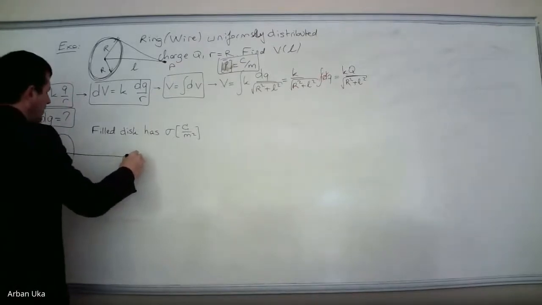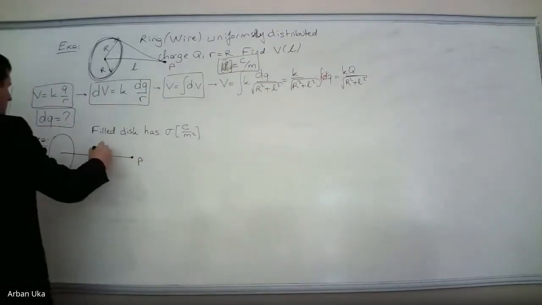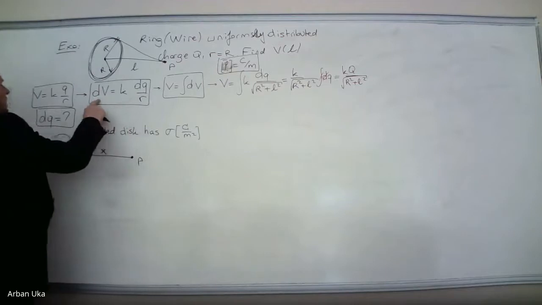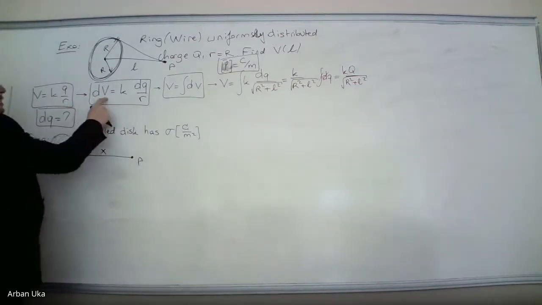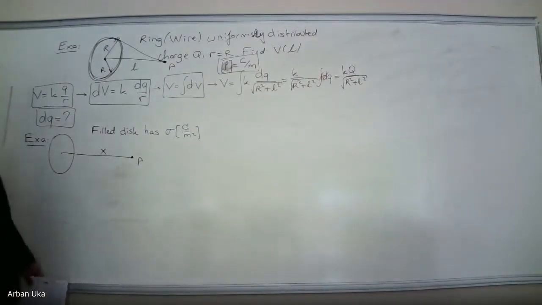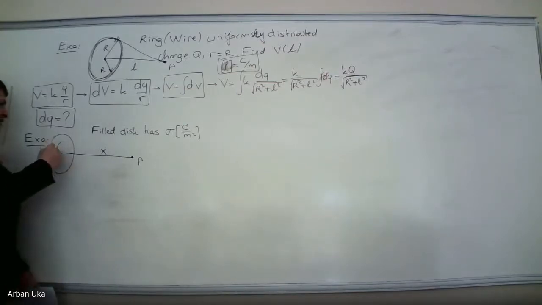At the point P, right here, where P is at a distance equal to x, we need to find the potential again. So how can we find the potential? We need to write the potential as this expression, okay? But now, we have to figure out one way how to calculate the potential as best as possible. For this one, we select an infinitesimally small charge element, which can be allocated right here, okay?